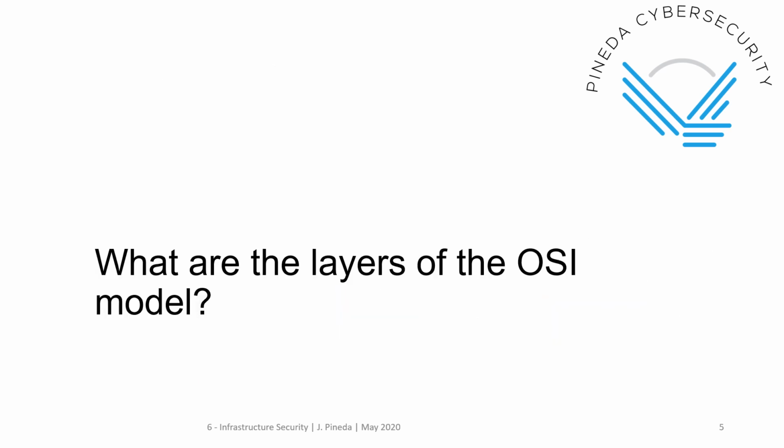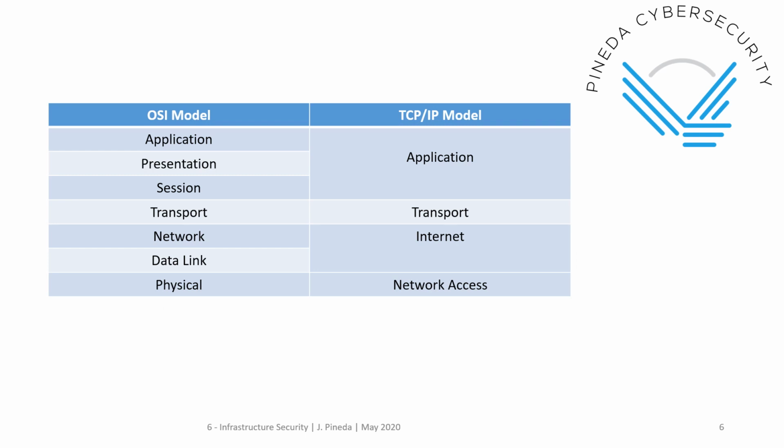So now we start with the layers of the OSI model. So in the networking courses, you should know this by heart, right? And you're tasked to memorize it in some cases. Okay, so this is the OSI model. It has 7 layers compared to the TCP/IP, which has 4.